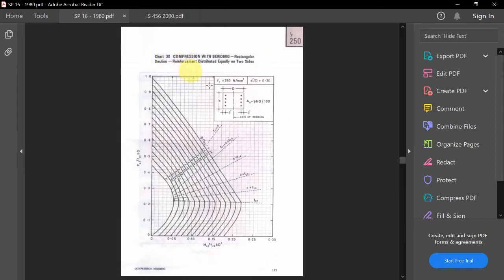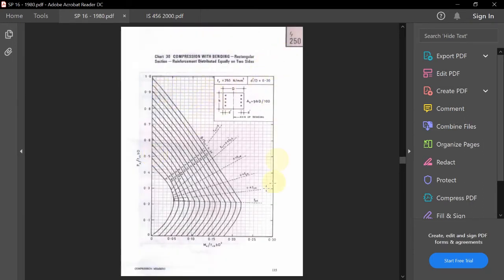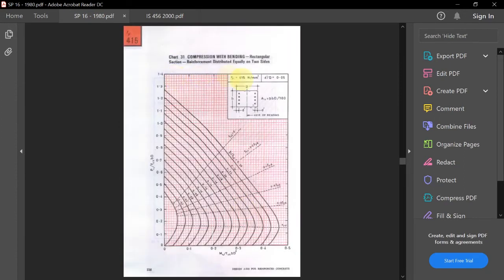This is chart number 30. Then chart 31 comes. This is for Fy 415, and you can see how beautifully they have done it. For Fy 250 the color is black and white. When it comes to 415 the color becomes red. So it is easier for you visually to understand which chart you are looking at.